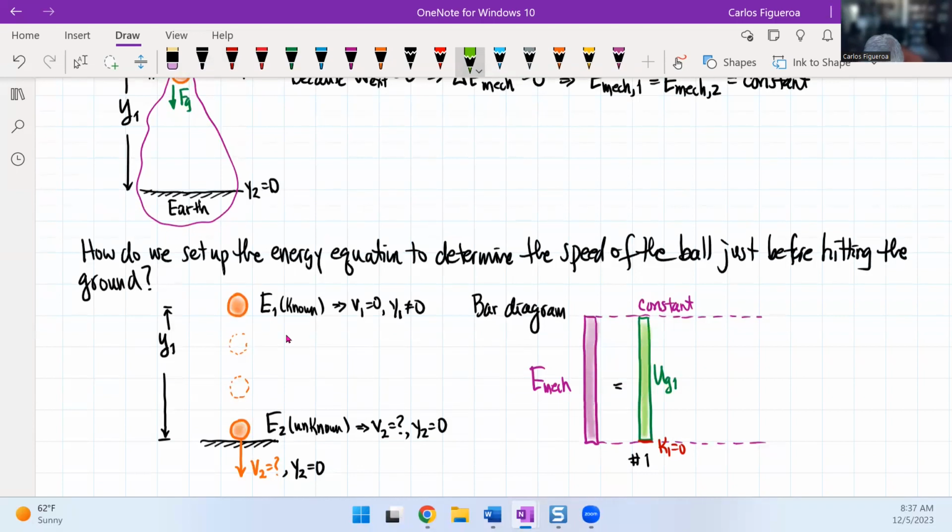So according to conservation of energy, this ball now continues to fall. As it falls, the height of the ball is decreasing, and the way we see this is that the potential energy is getting smaller and smaller.